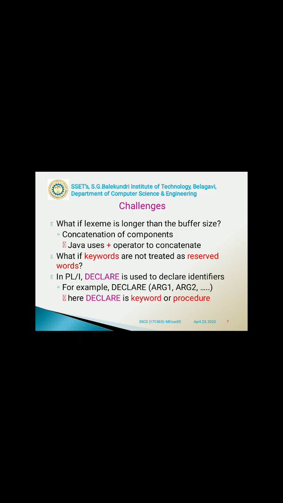What we can do is concatenate them together, and then we can understand what kind of lexeme it is. In the Java example, we have seen that there is a plus operator which will concatenate the strings. So that could be one solution to overcome the problem of the lexeme being longer than the buffer size.